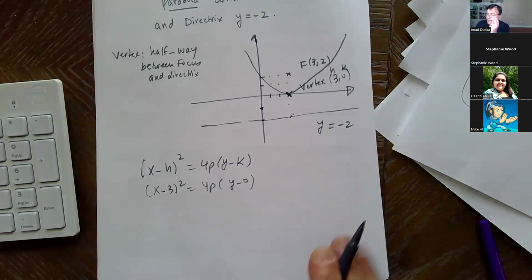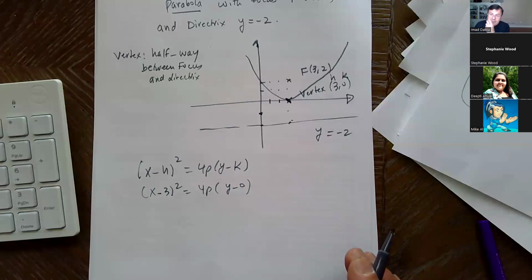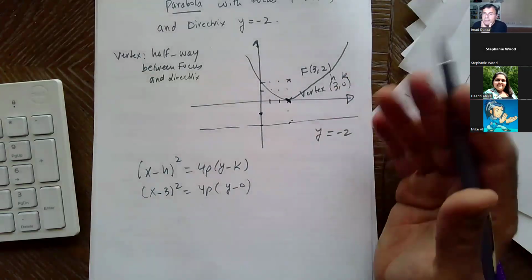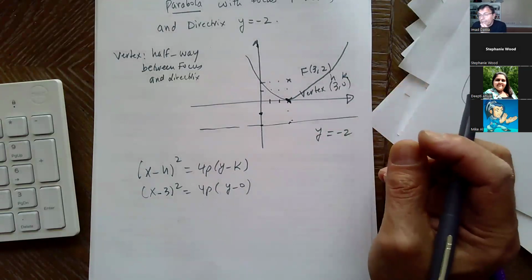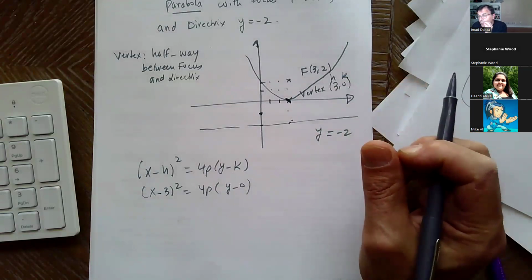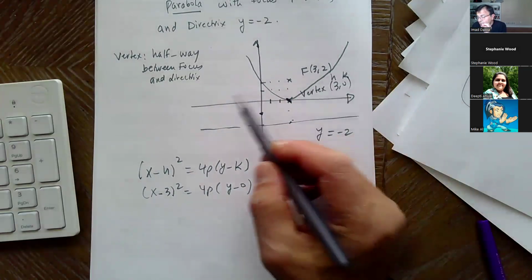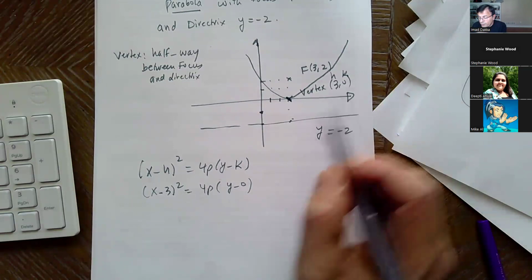P is the absolute value of the distance, because sometimes p is negative. P would be positive if it's concave up or to the right. P would be negative if it's concave to the left or down. Don't forget that.